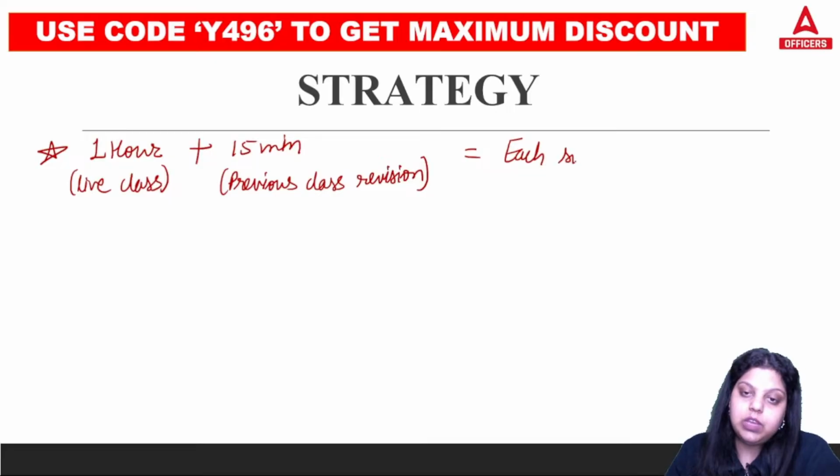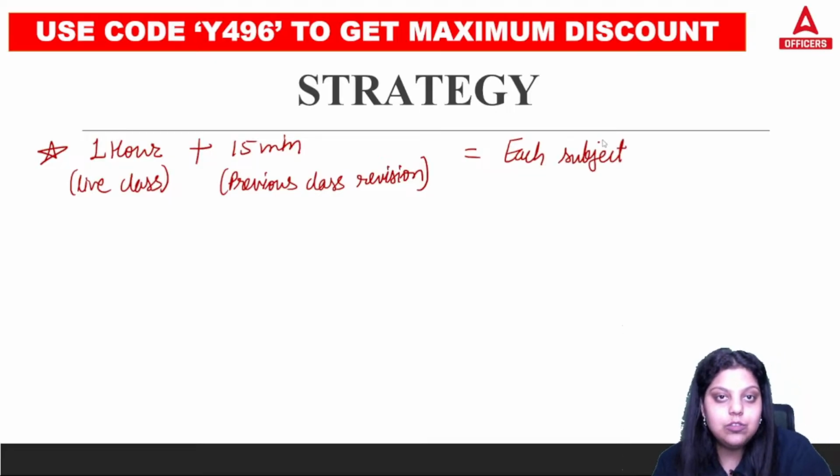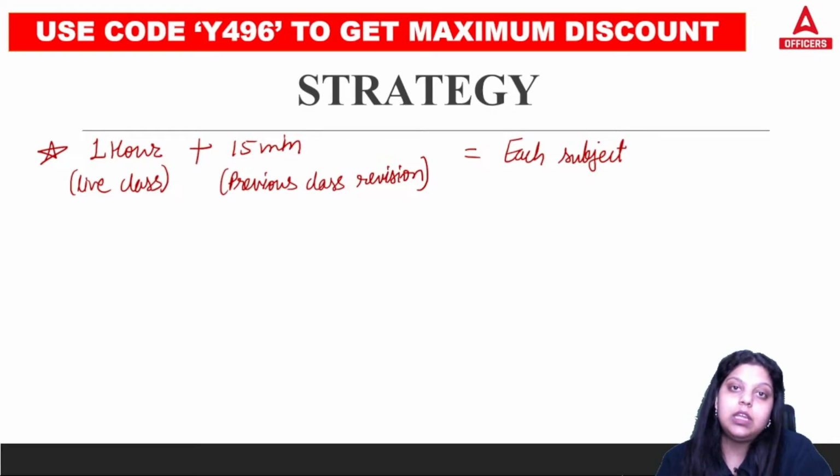The 1 hour live class you have to attend, and the 15-minute previous class revision you have to do. If you do that each day, definitely you will be able to clear the paper or the JAIIB overall very easily. But yes, this 15-minute revision every day with the live class is important.